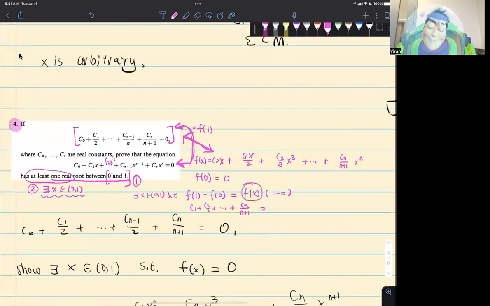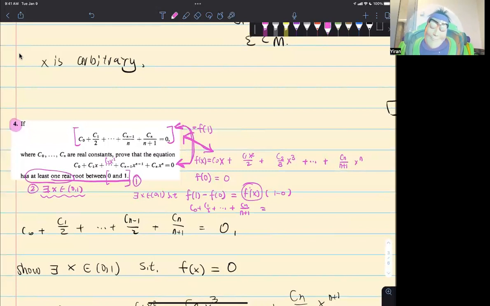The derivative of F, right? Well, sorry, this one should be, I wrote it down. F of 1 is equal to the integral from 0 to 1, right?